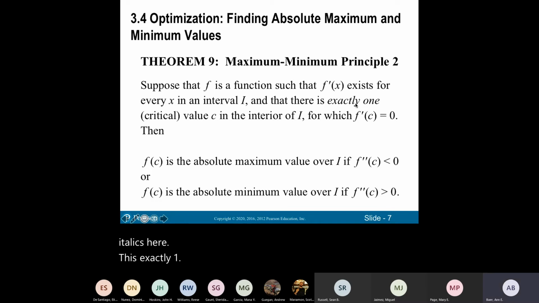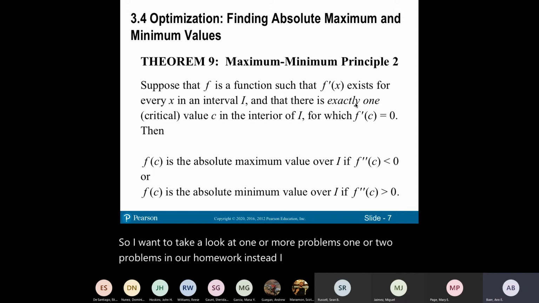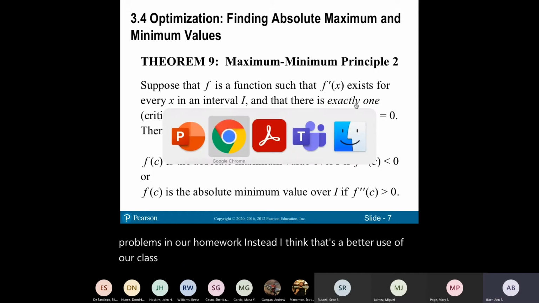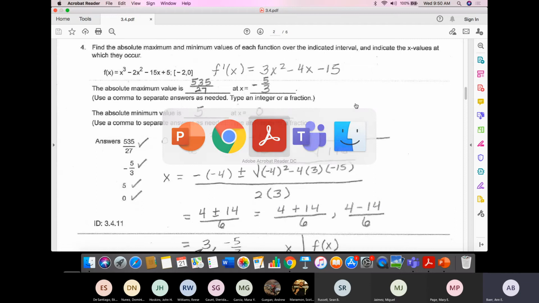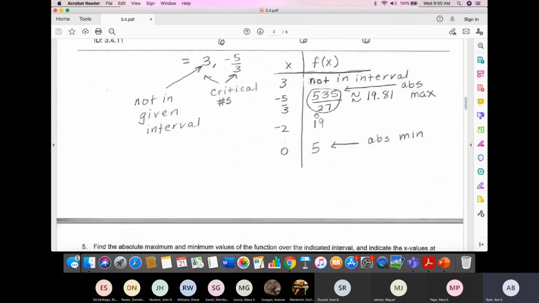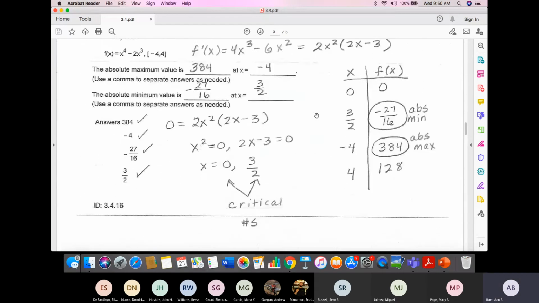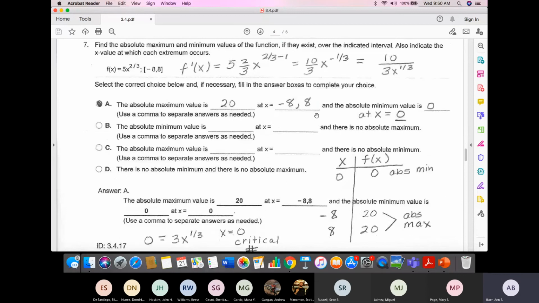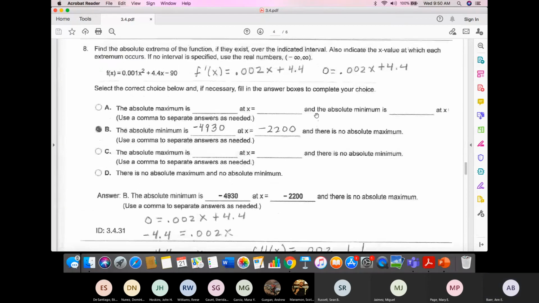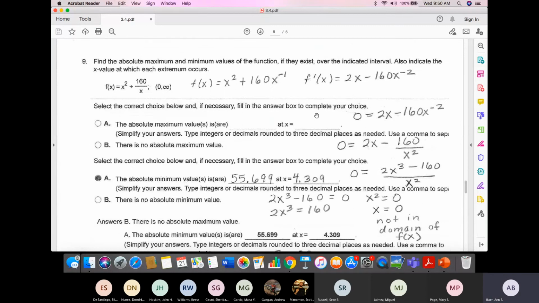Especially that. So I want to take a look at one or two problems in our homework instead. I think that's a better use of our class time. Let's take a look at problem number 9. Eight, 9. Let's take a look at this one.